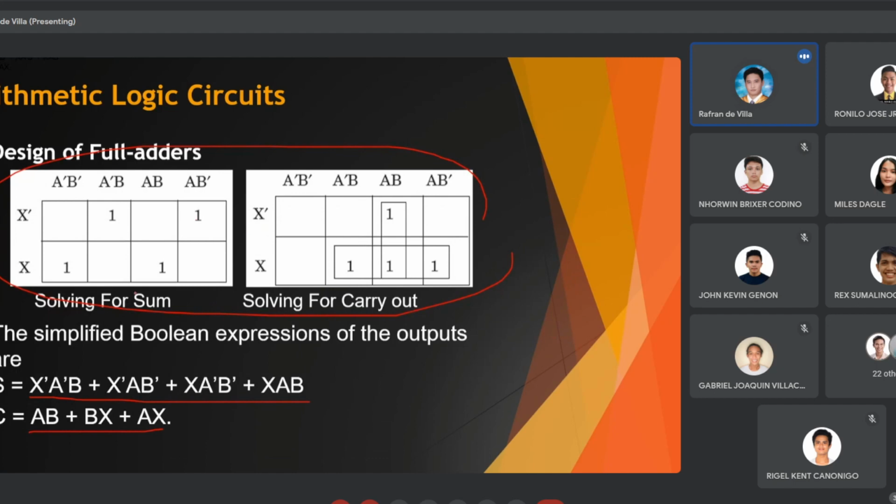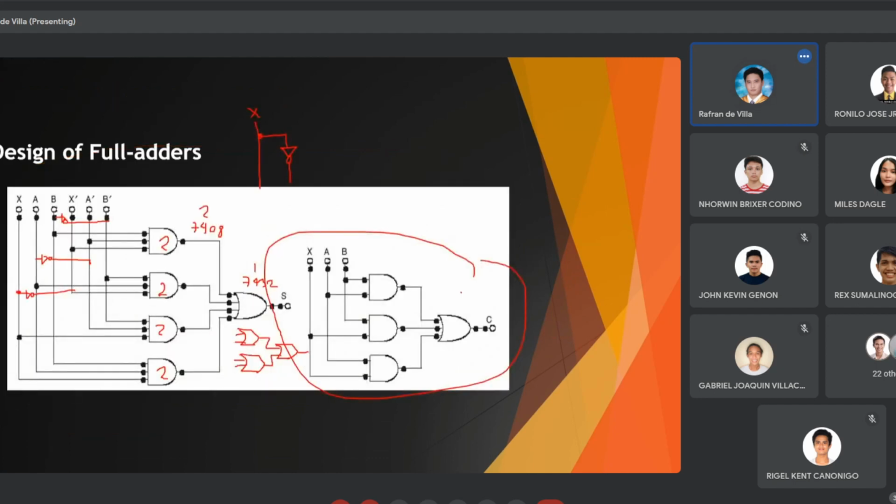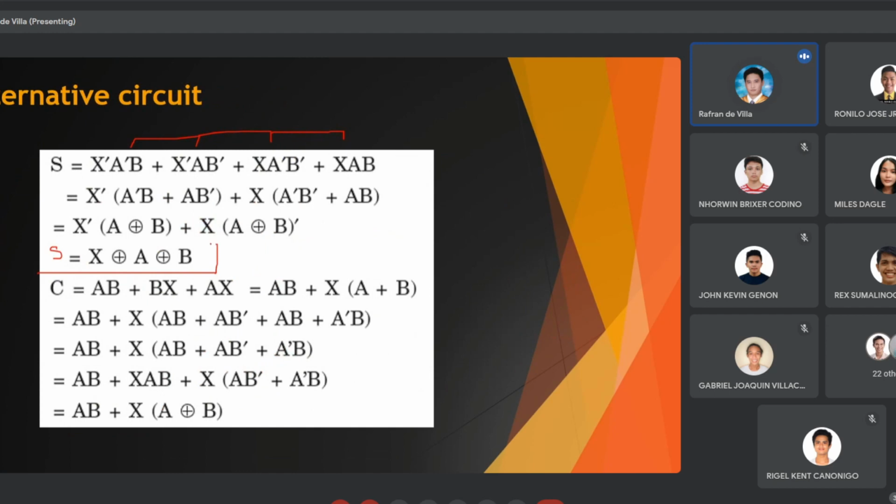That is what we are seeing here. So this is the implementation of the XOR.